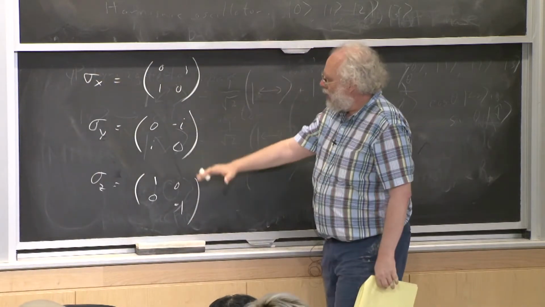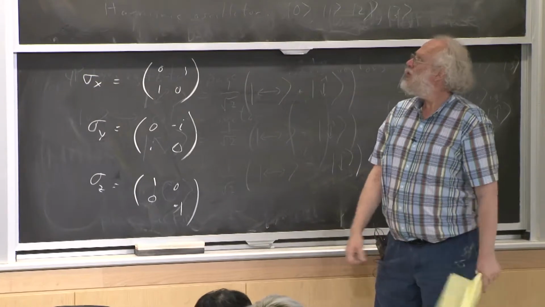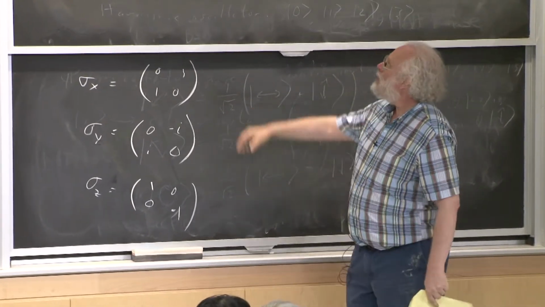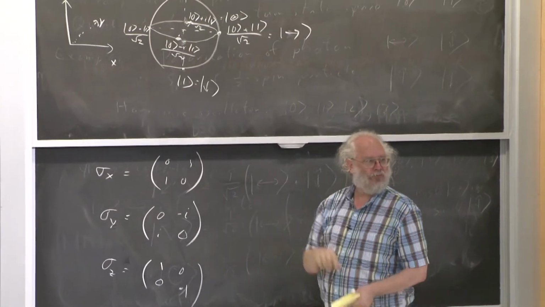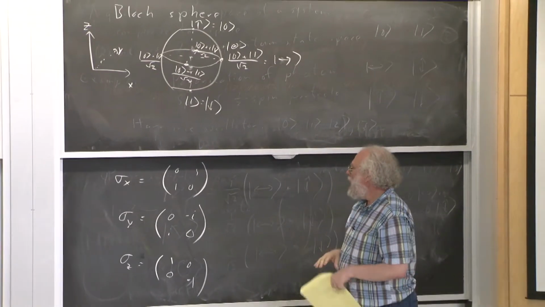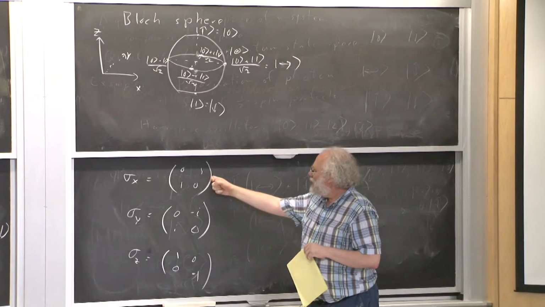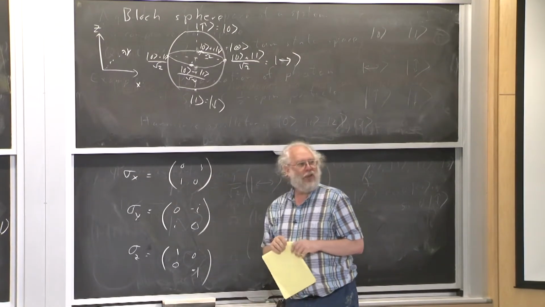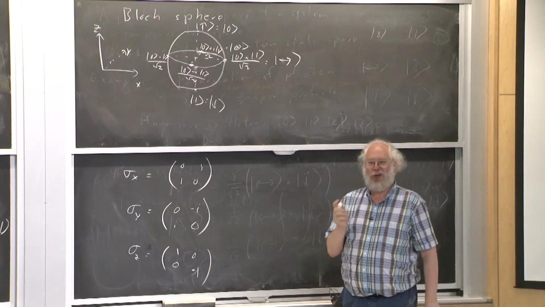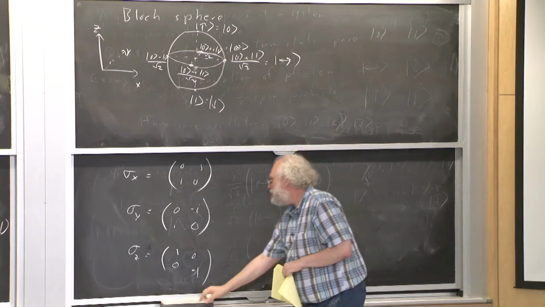So these are all two-dimensional matrices, which means they perform transformations on a two-dimensional state space. These are the three Pauli matrices, sigma x, sigma y, sigma z, and let's try to figure out what transformations they perform.